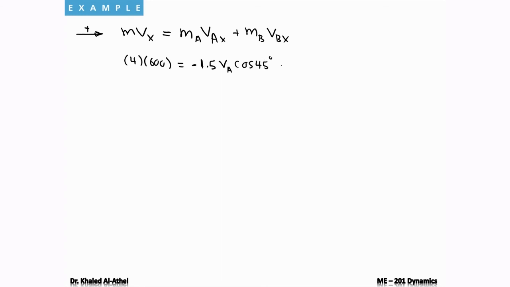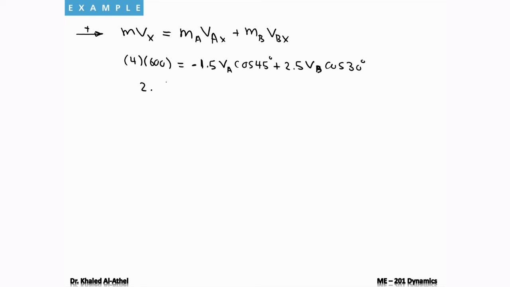B is going to go to the right, so it's going to be plus 2.5 VA cosine 30. Okay, so I can solve this. The only unknown that I have will be, sorry, this is VB. So I have two unknowns, VA and VB. So I can rewrite this just to organize it.